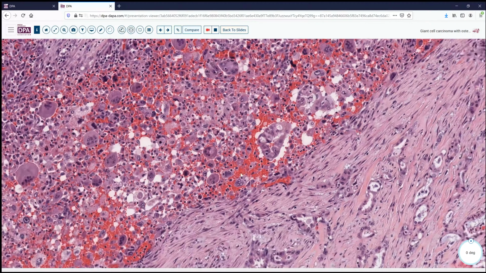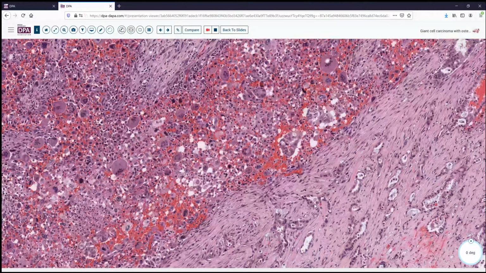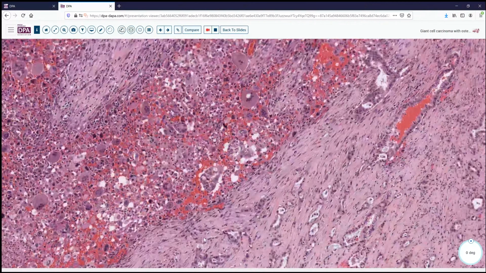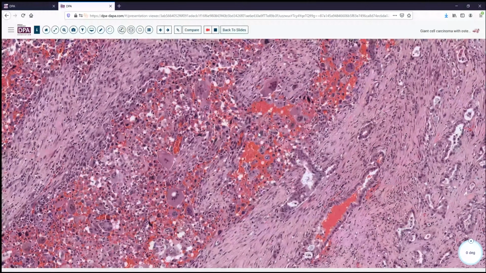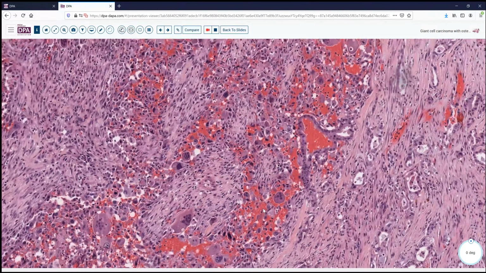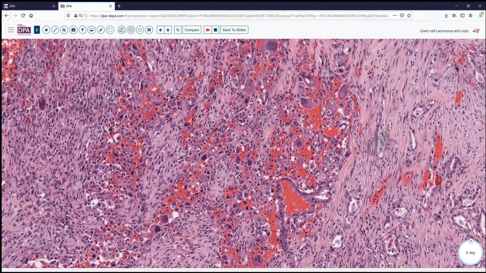Of note here, there's a nice transition from the well-differentiated component, or at least better differentiated glandular component, merging into this more hemorrhagic and anaplastic appearing area. Here we see a gland just sort of merging into that. So this is an example of a very anaplastic carcinoma.